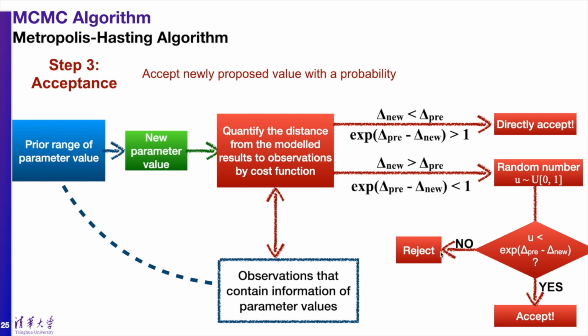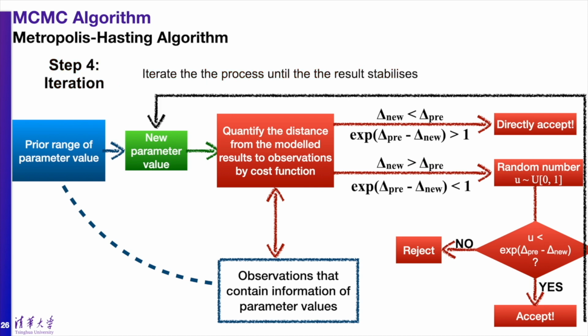But if the random value is larger than the cost, we may just reject the proposed parameter value. After all this, we can repeat the process from the proposal step until we get sufficient accepted parameter values. If we assemble all the accepted values, we can get the desired posterior distribution of the parameter.